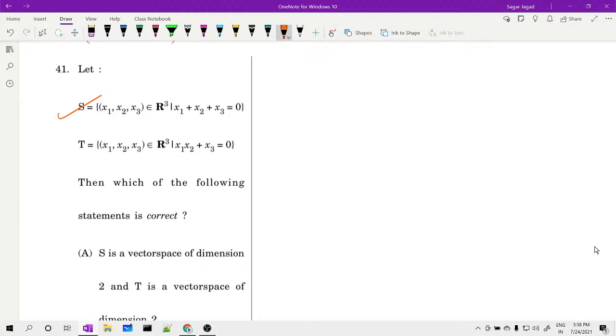Suppose I have two elements inside this set, for example, 1, 2, and minus 2. Suppose I take the negative of it; I consider this an element of T: minus 1, minus 2, and 2.